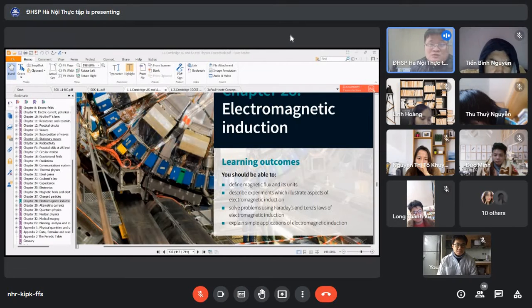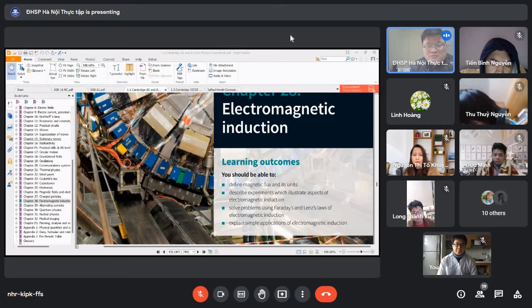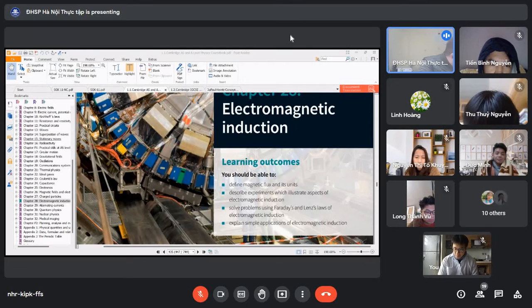EMF causes induced currents. We cannot easily measure the direction of the EMF, but we can observe the direction of the induced current, which is caused by the EMF. Then later on, we can deduce the direction or the sign, positive or negative, of the EMF.